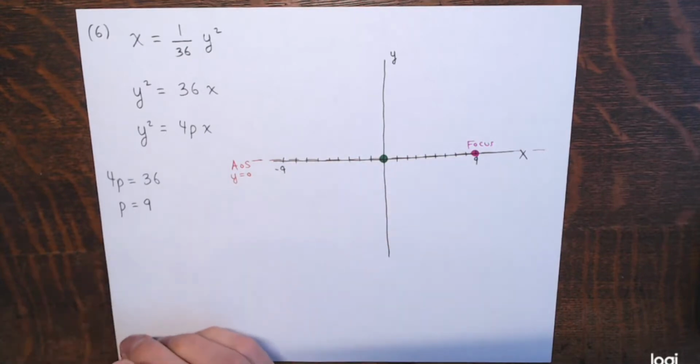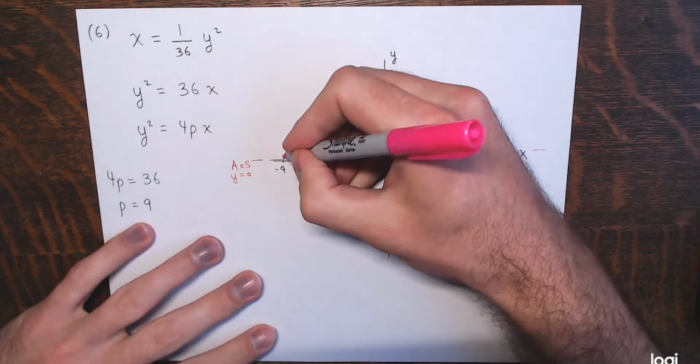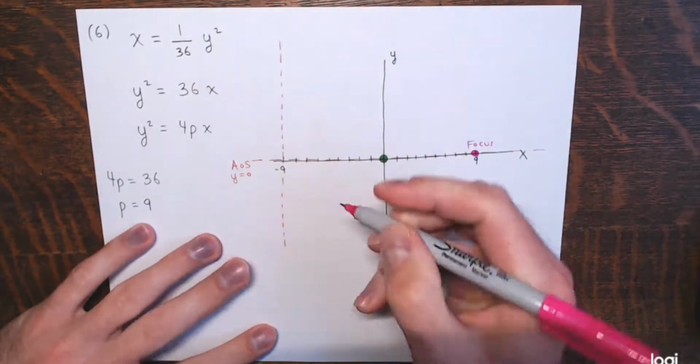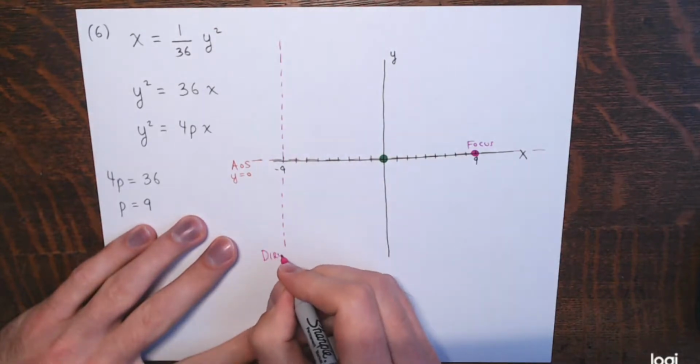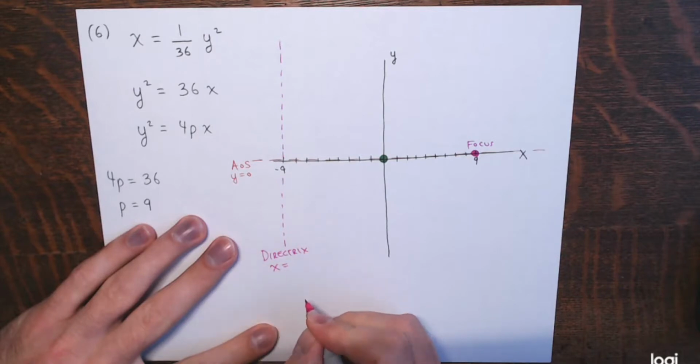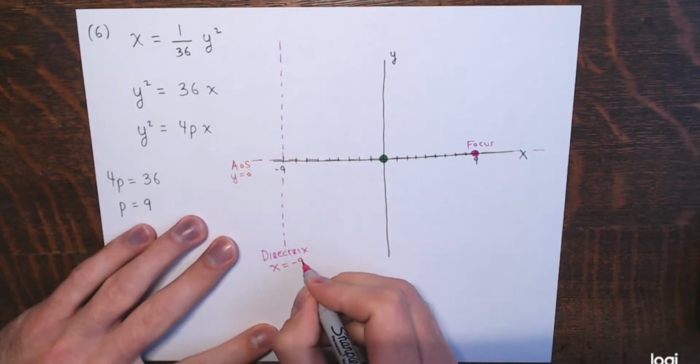So it's going to be a vertical line. Here's the directrix. And it's a vertical line, so it has an equation x equals some number, and this is x equals negative 9.